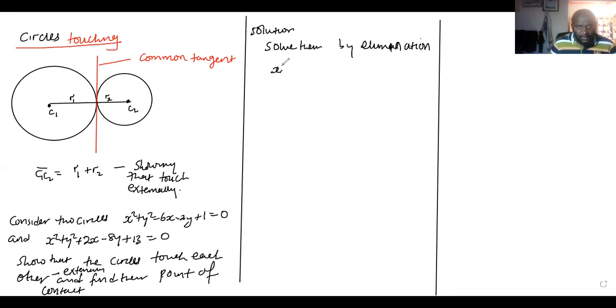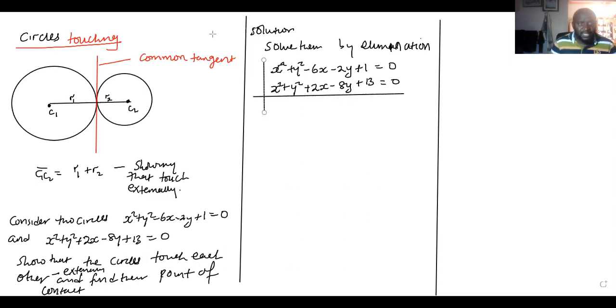How? x squared plus y squared minus 6x minus 2y plus 1 is 0, and x squared plus y squared plus 2x minus 8y plus 13 is 0. Remember, knowledge of Senior 2, we solve simultaneously by subtracting.